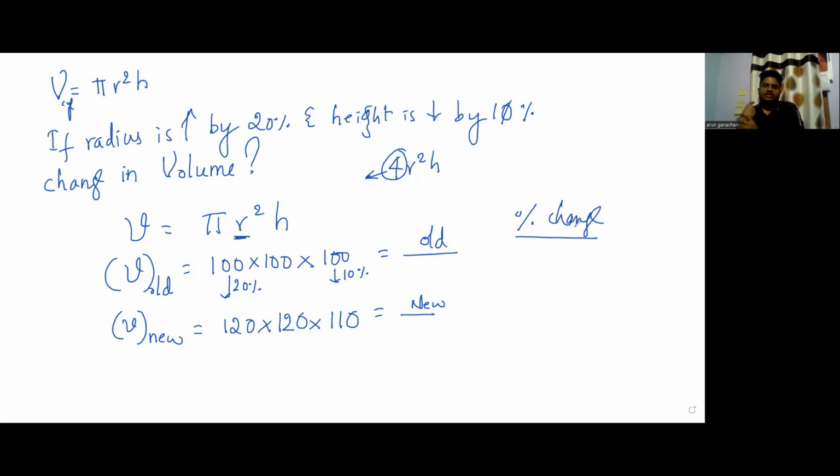Understood? If you get the values on multiplying, can you solve and find out the percentage change? Okay, then try it out as homework.